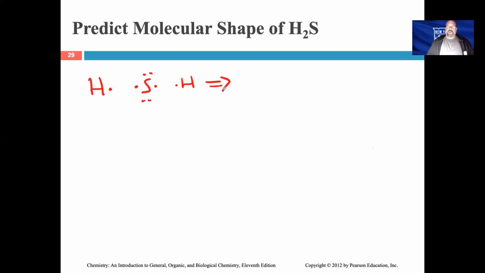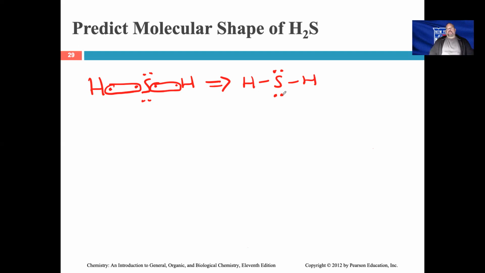So for hydrogen, we know it has 1 valence electron. The goal is to get to 2. Just like oxygen, sulfur has 6 valence electrons. The goal is to get to 8. So to have the octet rule satisfied, the sulfur is going to form a single bond to each of the hydrogens.